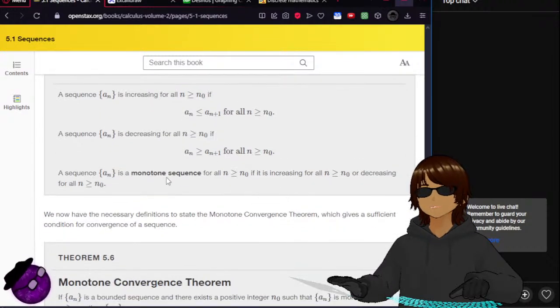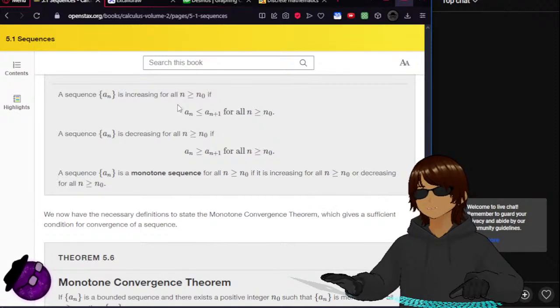A sequence is monotone for all n greater than or equal to n naught if it is increasing for all n greater than or equal to n naught or decreasing. So if it is one of these, it is monotone.